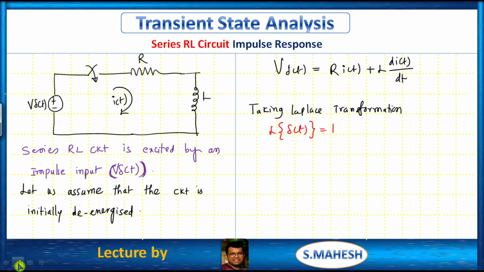Therefore, simply it is V, which equals R into I of s plus L into s I of s minus i of 0. We all know that i of 0 is nothing but the initial value.